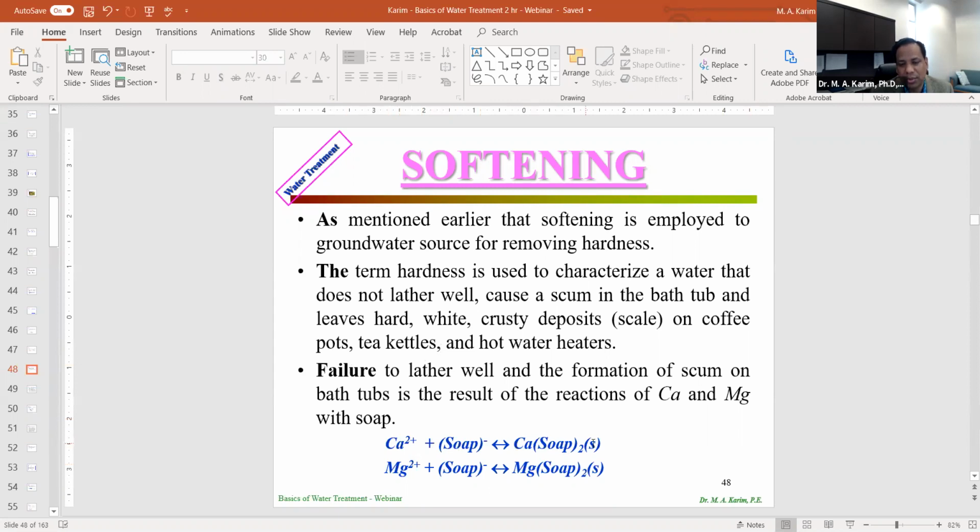It becomes calcium soap. It becomes solid, right? So that's why it doesn't give us the foam or lather that we need. We need more detergent in this case to avoid this kind of problem. So that is the main problem of hardness. But hardness is not something that can kill people or anything like that.